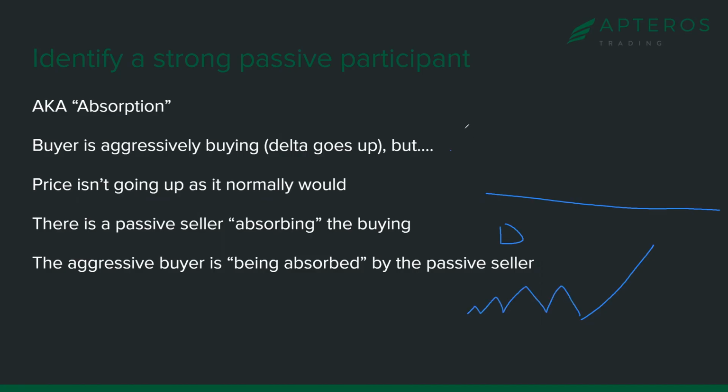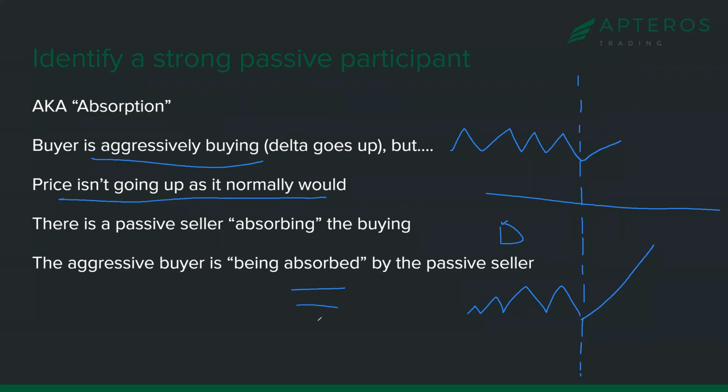Maybe price was doing this. And then at this moment in question where the buyers start to come in strongly on the delta, maybe price does this. So we have buyers aggressively buying anything they can get, but price isn't going up as it normally would.